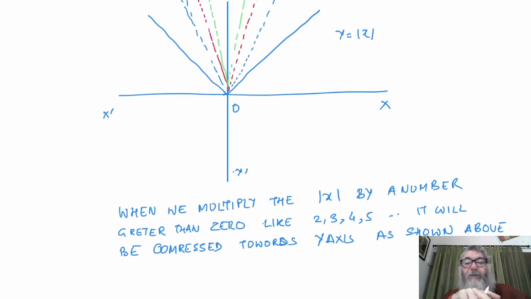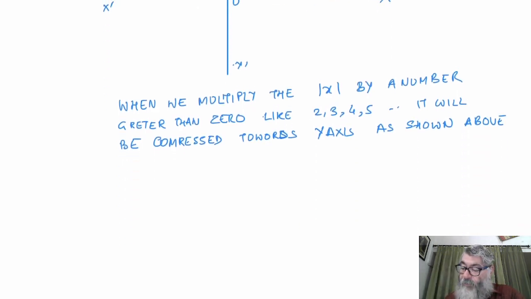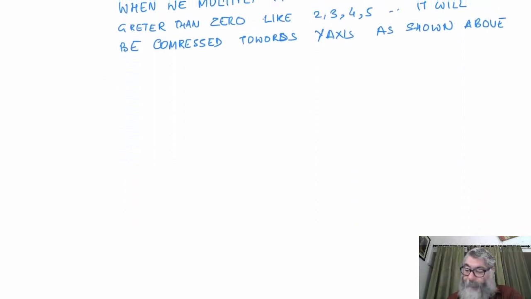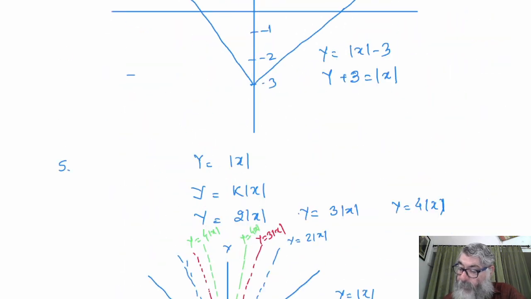If a number is between 0 and 1, like 1 upon 2, 1 upon 3, 1 upon 4, something like that, this is the fifth case.